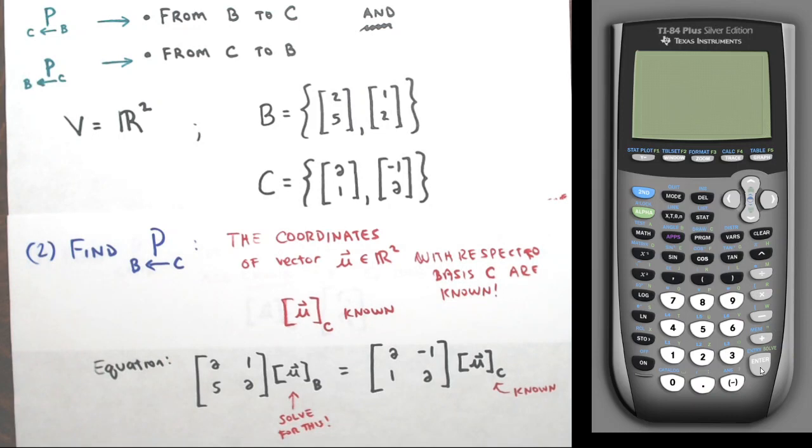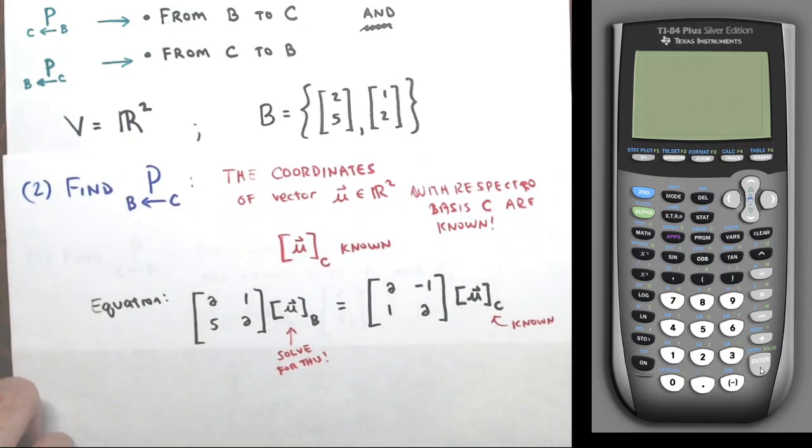This time, I'm not going to do both methods. I have this matrix here. I would like to get rid of this matrix to get the coordinates with respect to B alone. So I would multiply both sides by the inverse of this, which wouldn't be that hard with the 2 by 2.